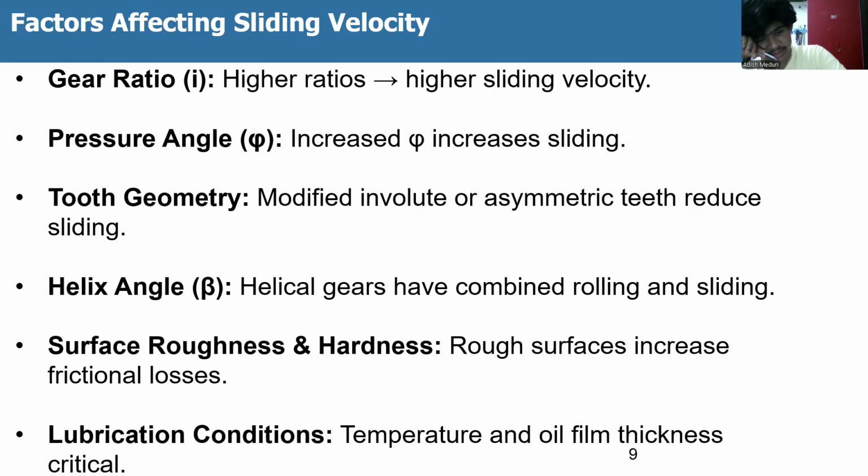Helix angle: helical gears have combined rolling and sliding. Surface roughness and hardness: rough surfaces increase frictional losses. Lubrication conditions: temperature and oil film thickness are critical here. So those are the factors affecting sliding velocity.